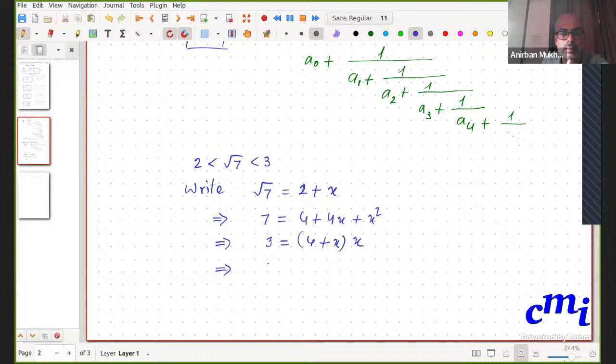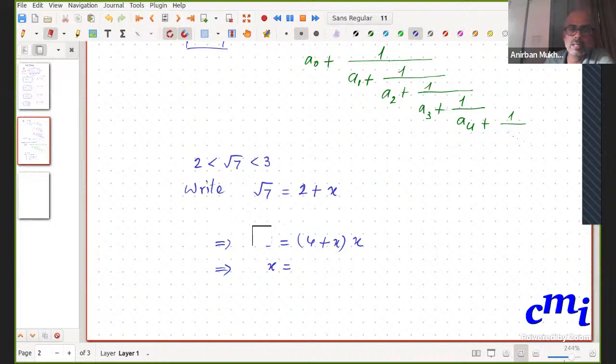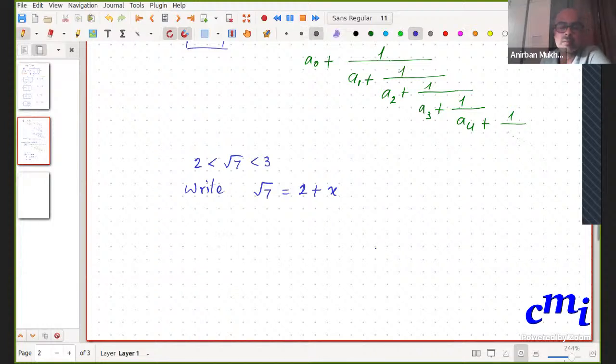So x is, oh, actually this is not a good idea. Let's not square it. Actually, it works for certain numbers, like for square root of 6, this is going to work fine, but not for square root of 7. Square root of 7 is a little more complicated. So let's not do that.